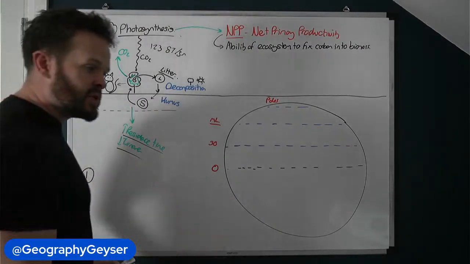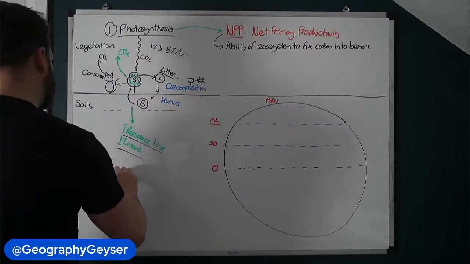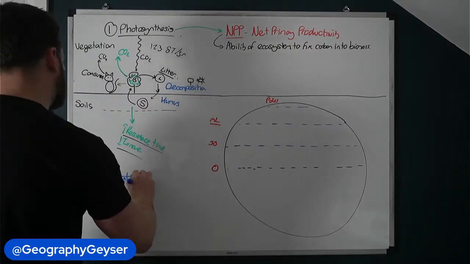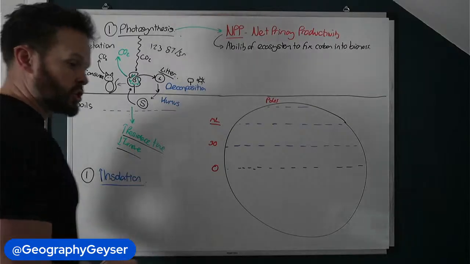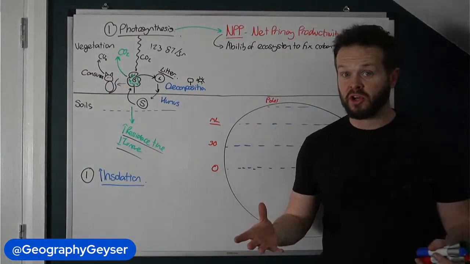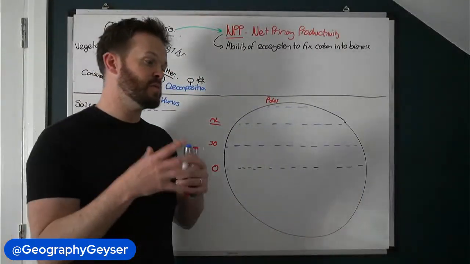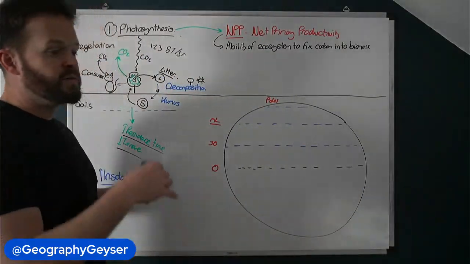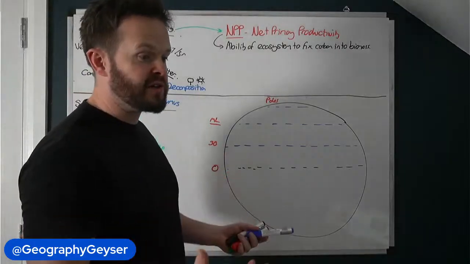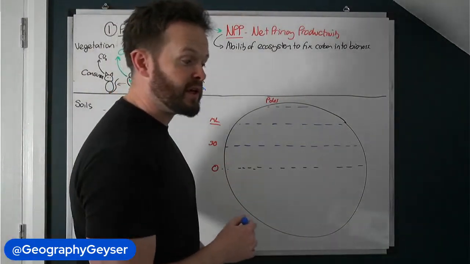Ideally, optimal conditions would be where there is increased insolation. Fancy word for high concentrations of solar radiation per meter squared. So your average highest rates of insolation obviously are here at the equator.